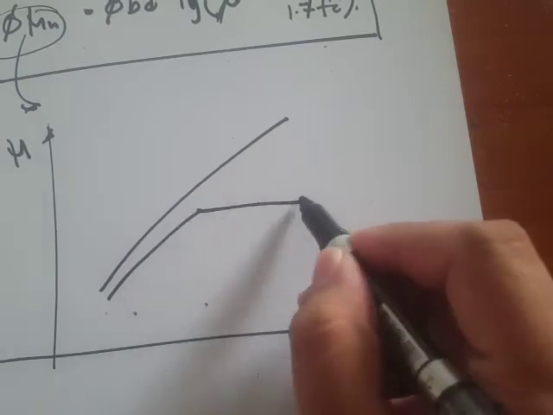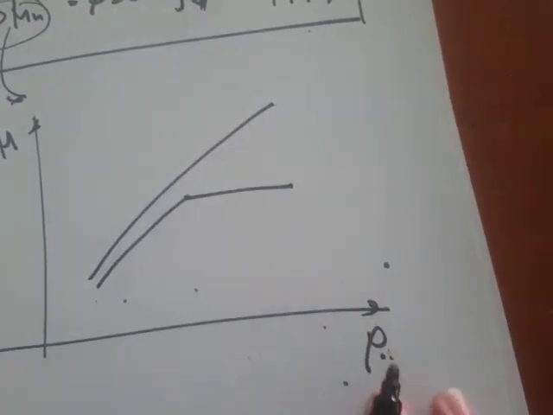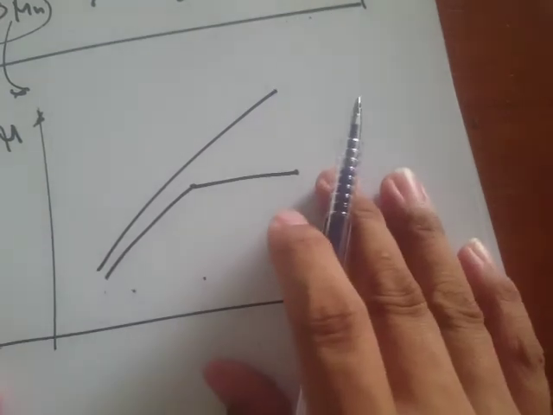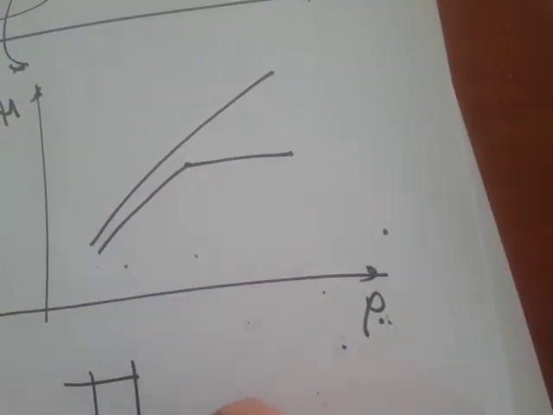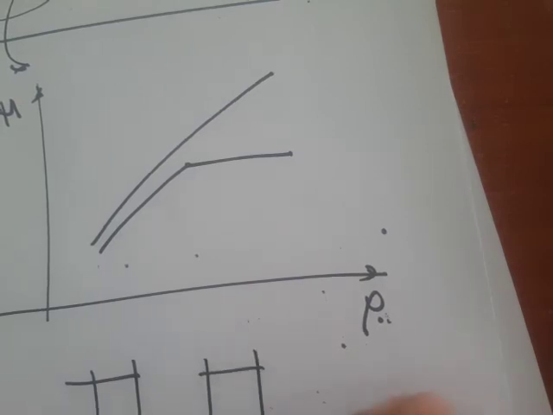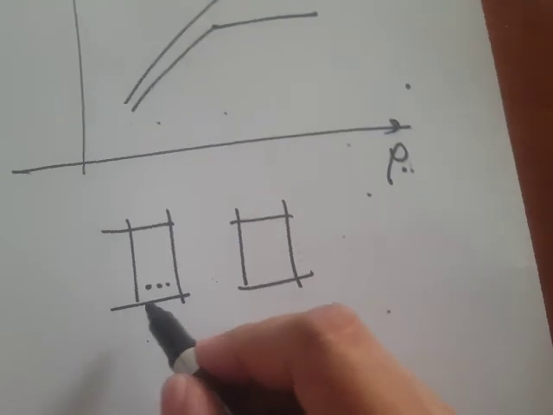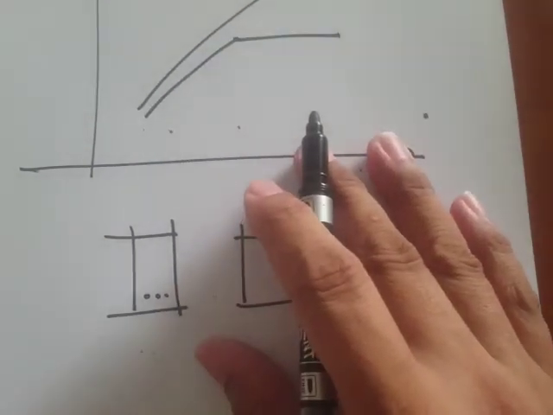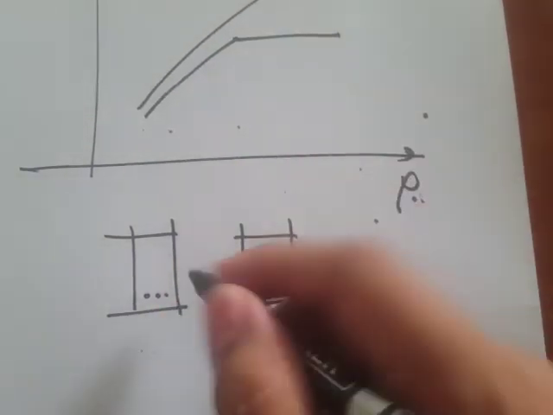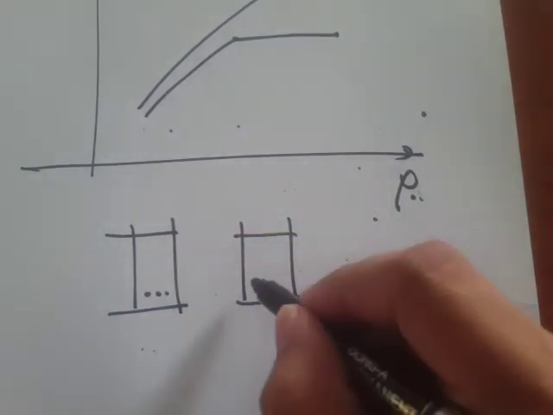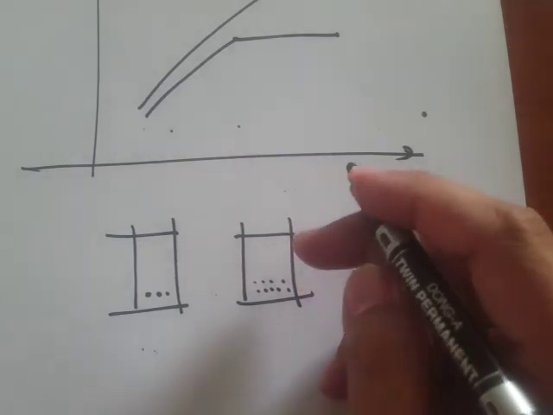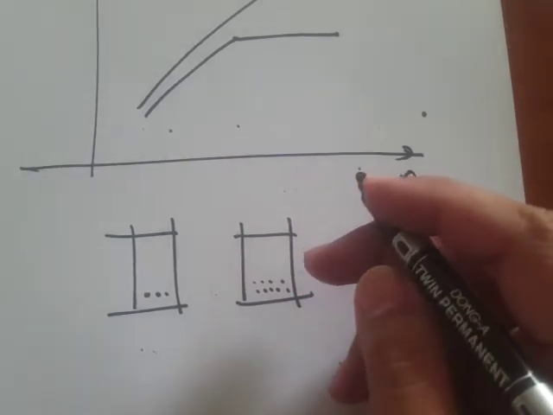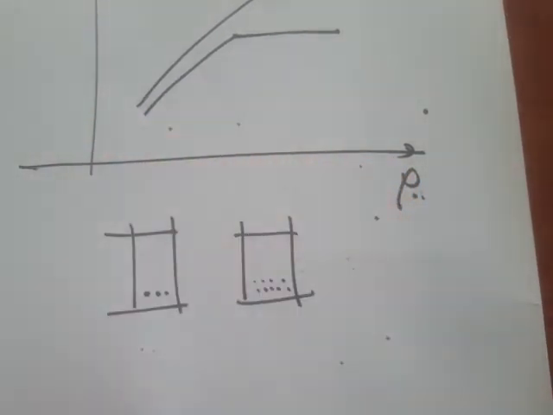What it means is that if we have less steel reinforcement, of course we have less capacity, and if we put in a lot of reinforcement, we get increasing capacity. That's what we did in our two problems that we solved.